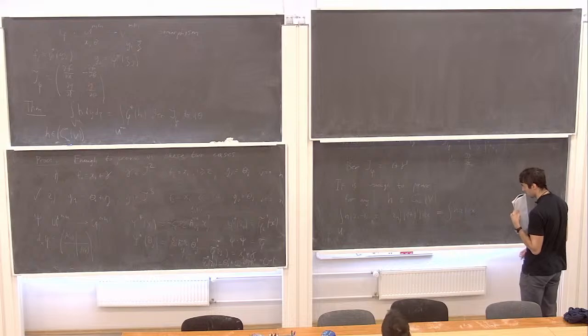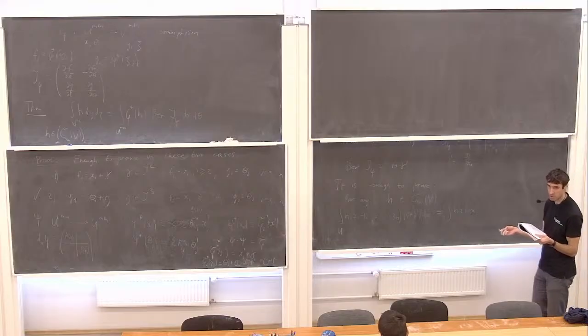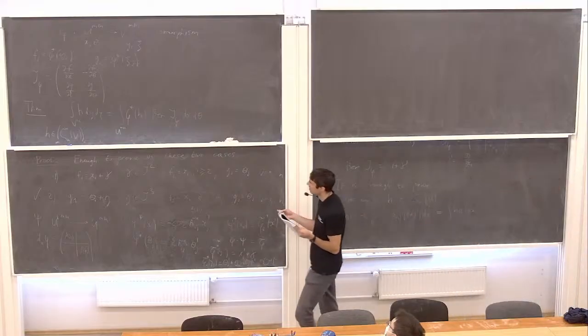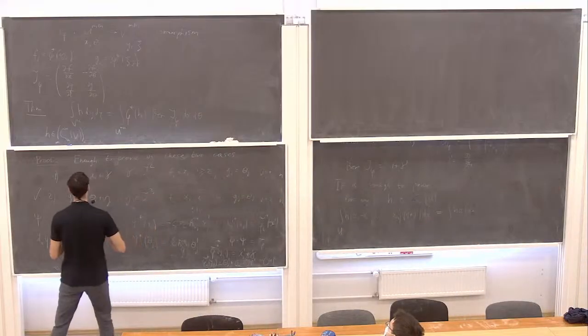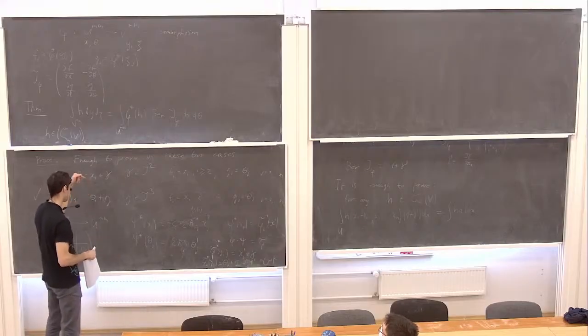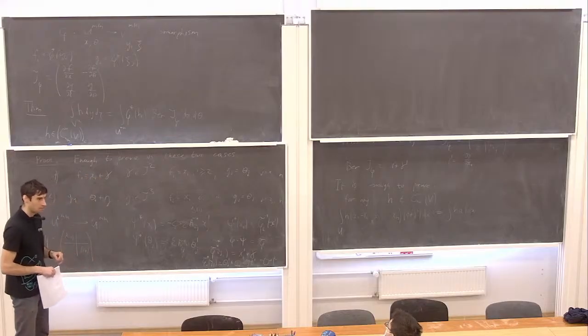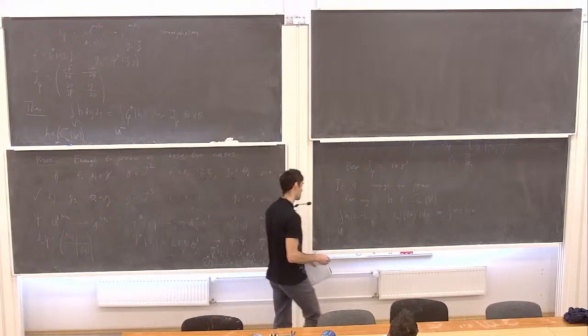In this case u and v are just equal because of our change, because tilde is just identity in this case, right? And so in this case, just u here again.